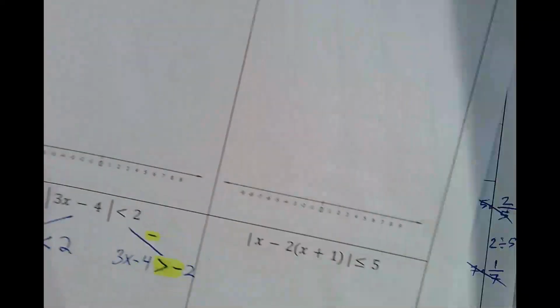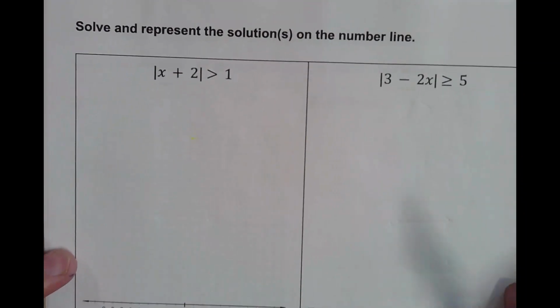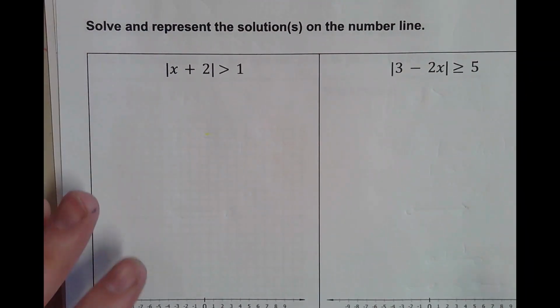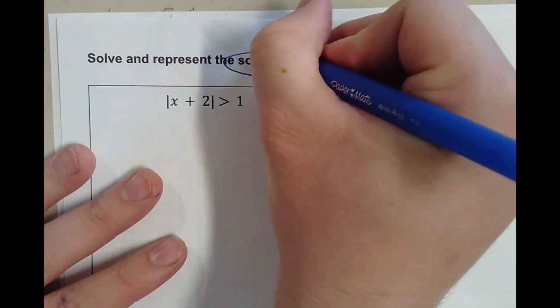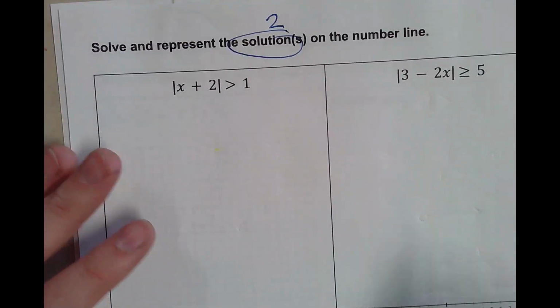All right, let's move on to these questions. I know we need a lot of practice on these ones. It's typically the most commonly missed questions on our test because this one typically has 2 solutions.